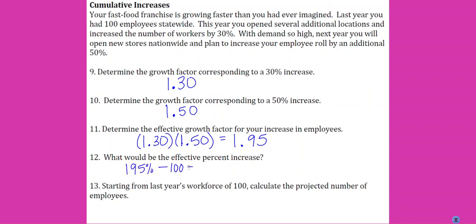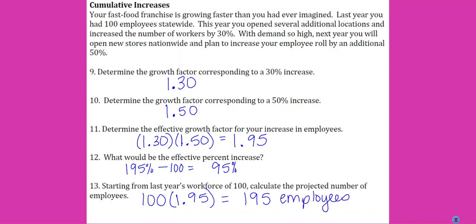So the effective growth would be a 95% increase. If we had 100 people last year, we're going to have an effective factor of 1.95. We'd have 195 employees next year.